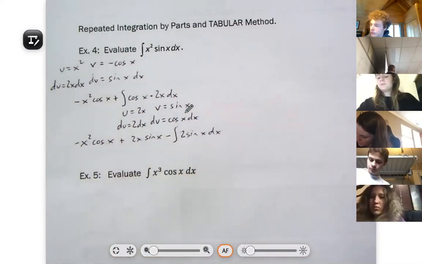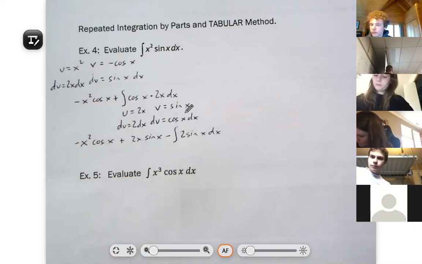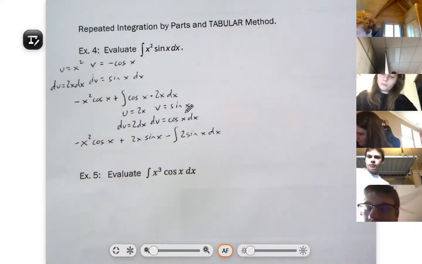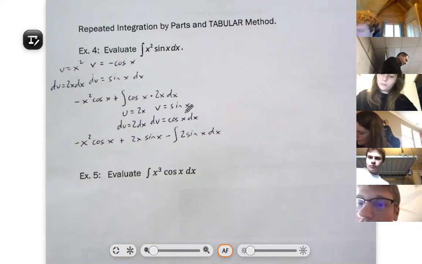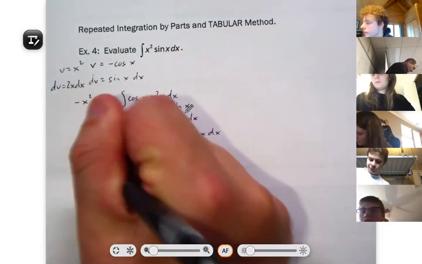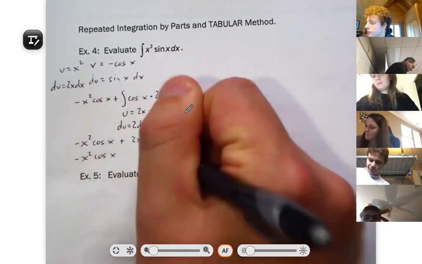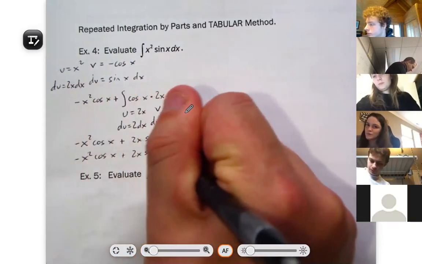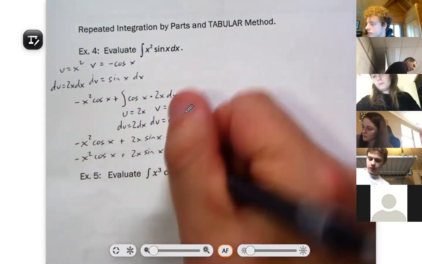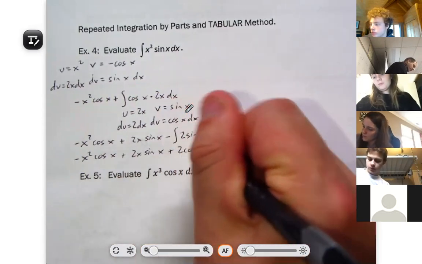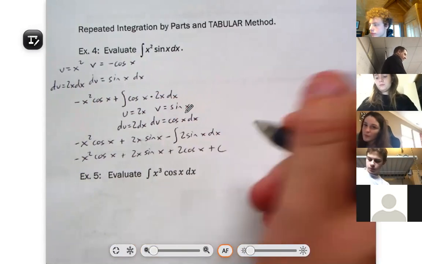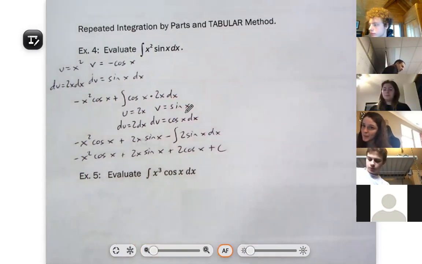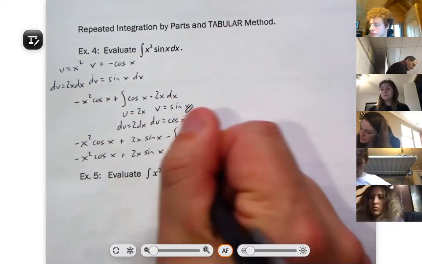Whew. Getting a little hairy. But we can integrate 2 sine of x pretty quickly. So it's going to be plus 2 cosine x plus c. Oh, baby.